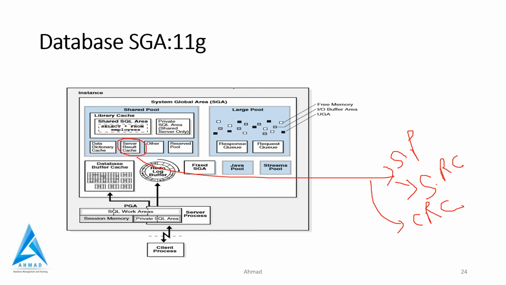But from 11G you can also eliminate the soft parsing by this feature. Also, the server side result cache resides on the server, and the client side result cache resides on the client. So you can enable it in two ways, and it enhances the performance in 11G.